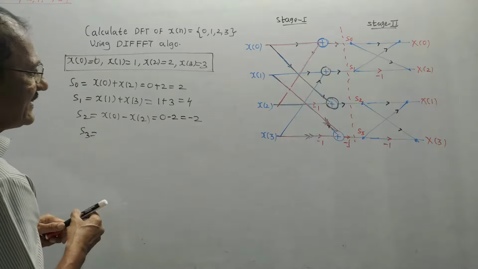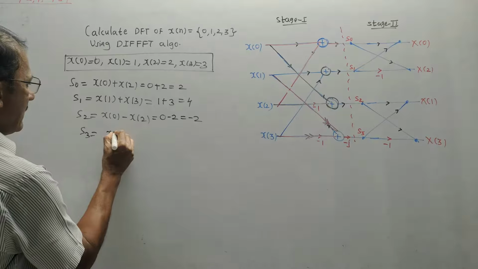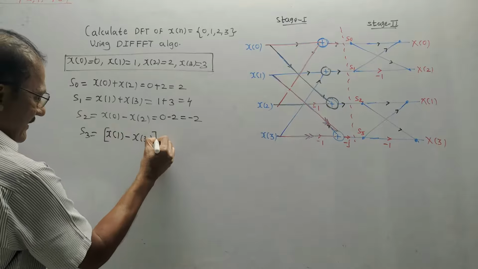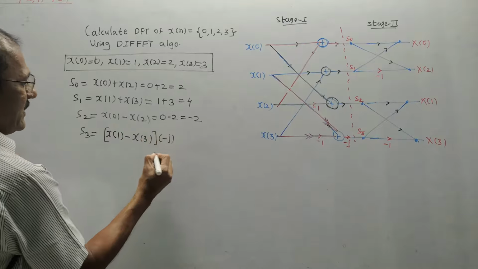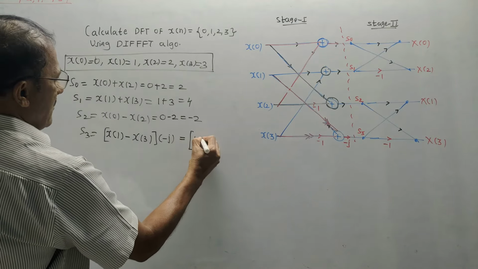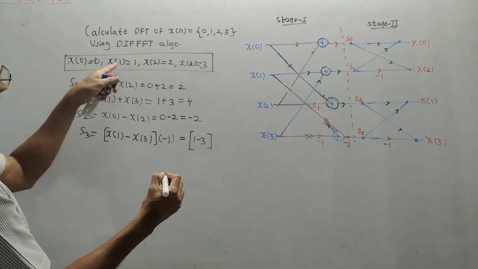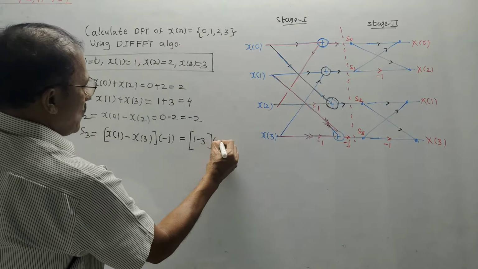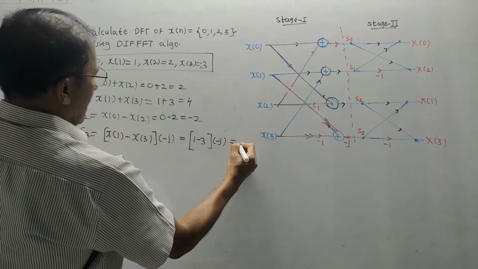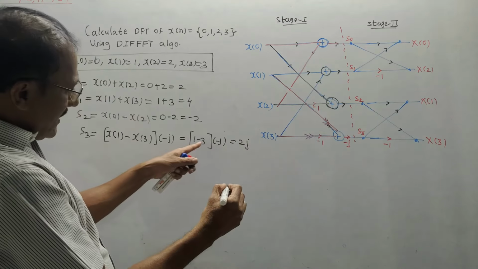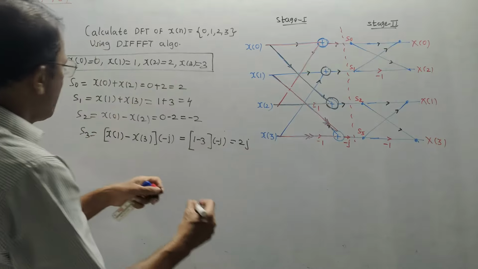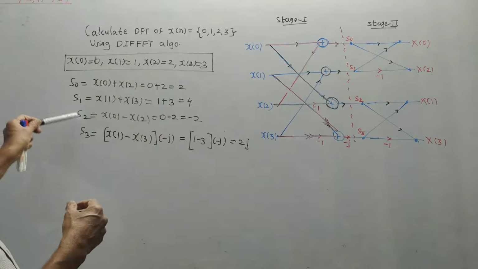So I will write it like this: x of 1 minus x of 3 and this term is getting multiplied with minus j. So it becomes 1 minus 3. I have put the values of x of 1 and x of 3 into minus j. So this is simply 2j, because this is minus 2 and minus of minus become plus, so it is 2j. This is output of stage 1, that is S0, S1, S2, S3.